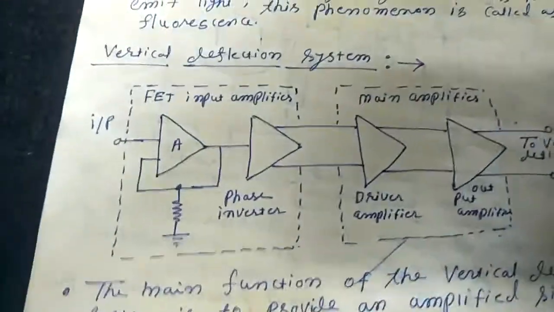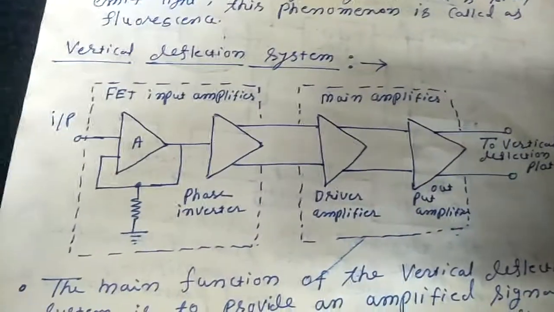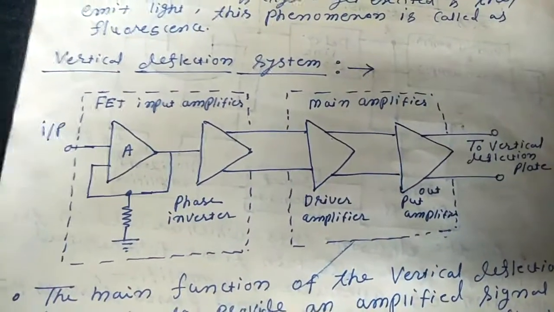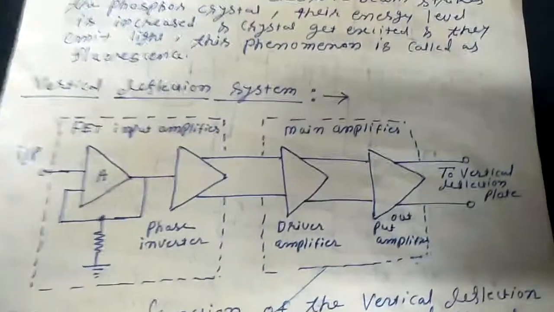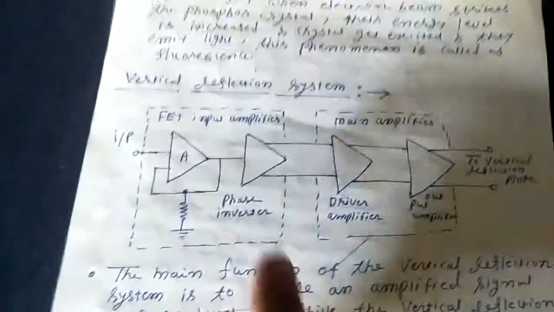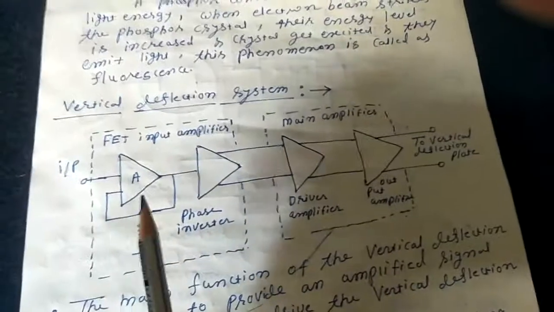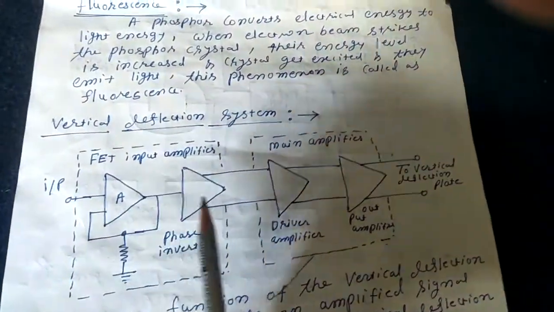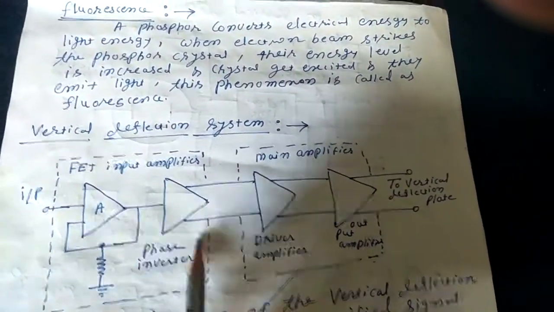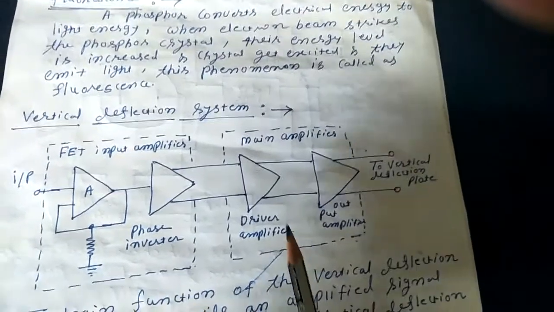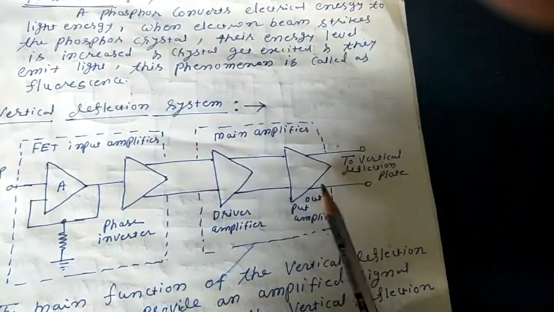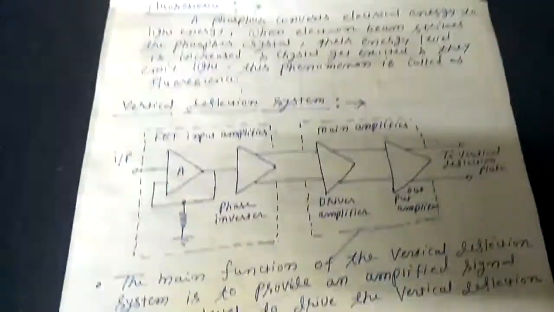There are two main sections I have drawn here: the FET input amplifier section and the main amplifier section. Here in this section we are using two op-amps. This is the pre-amplifier, and this is the phase inverter op-amp. Then the driver amplifier op-amp and the output amplifier op-amp. So there are a total of 4 op-amps.